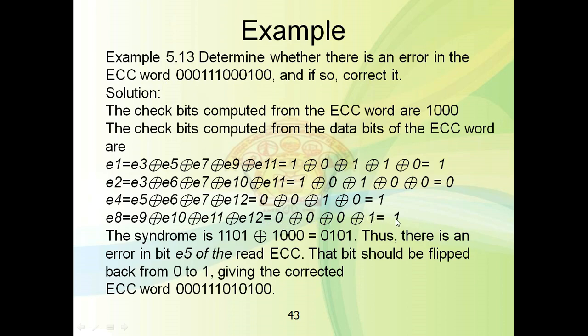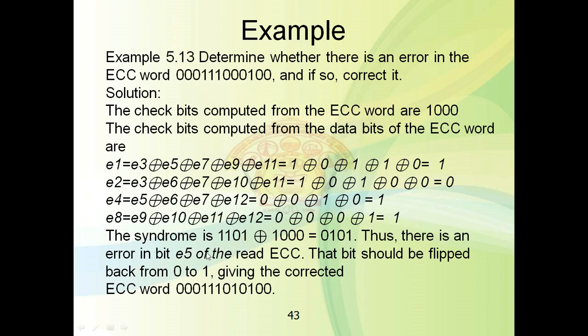Now, how to calculate the syndrome? Now we have to check this. Again we have to write the calculated check bits, 1 1 0 1. We have read already the check bits as 1 0 0 0. Now we have to take the XOR of these two so that we get the syndrome. The calculated check bits are 1 1 0 1, read in the upward direction.